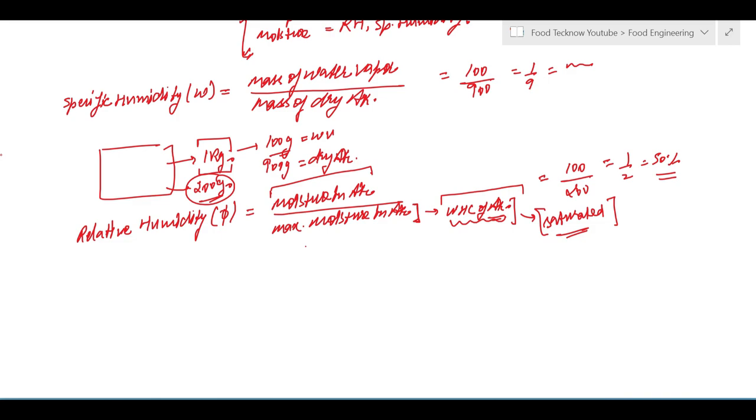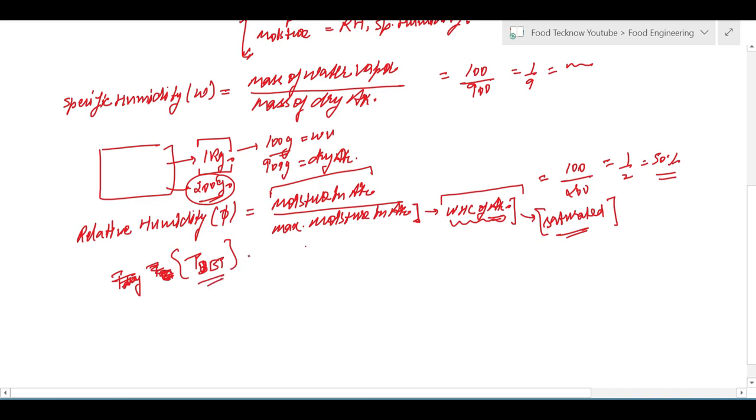And the other thing is how this relative humidity is related to the dry bulb temperature. So T dry, or the dry bulb temperature, it is written as dBT, that is the dry bulb temperature.